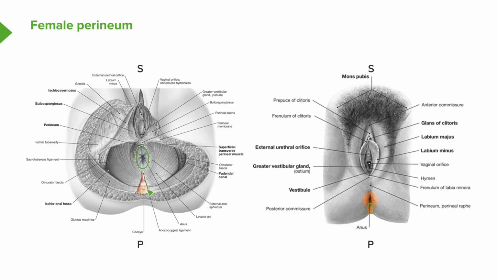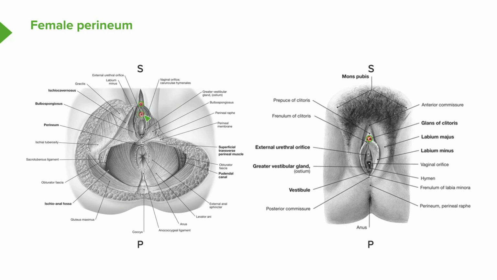And then more anteriorly, we can see we have the labia majora, more laterally. Then we have the labia minora, and then we have the opening for the urethra and the opening for the vagina. And this region will be the vestibule. If we take away this skin, we can see where we have the glans clitoris, around about here in this diagram.